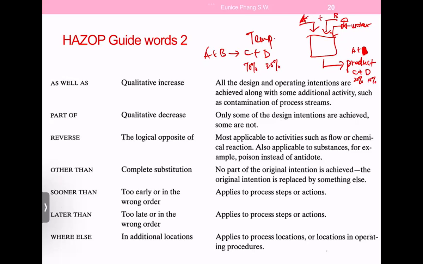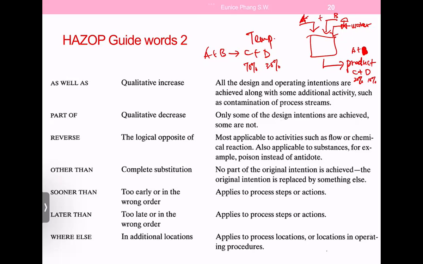Okay, so now we have other than, and sooner than, which most of the time is talking about timing. At 3 a.m. or 3 p.m. you're supposed to change chemical, but you realize that your chemicals start coming in at 1 o'clock. Or later than, where it's supposed to come in at 3 o'clock, but it came in at 4 or 5.